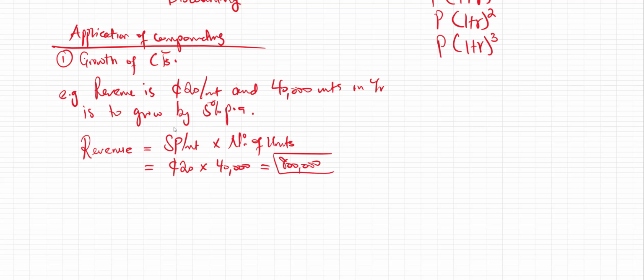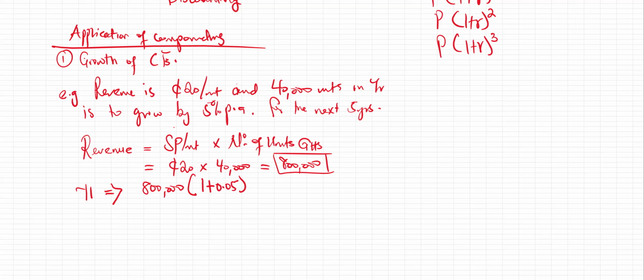Now, this revenue is supposed to grow for the next 5 years. So how do we do this? We need to compound because we are growing from now to the future. So this 800,000 CDs, we have to grow it, right? So in year 1, we'll take this 800,000, which is the principal today, multiply by 1 plus the growth rate, 5%, so 0.05, raised to the power 1.